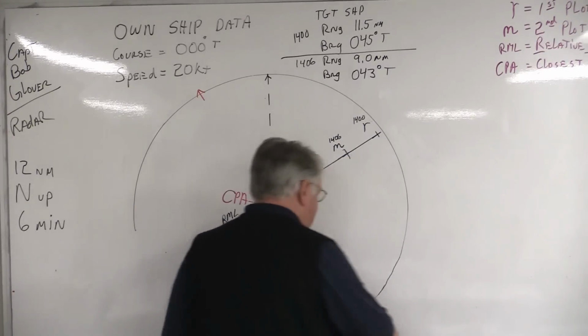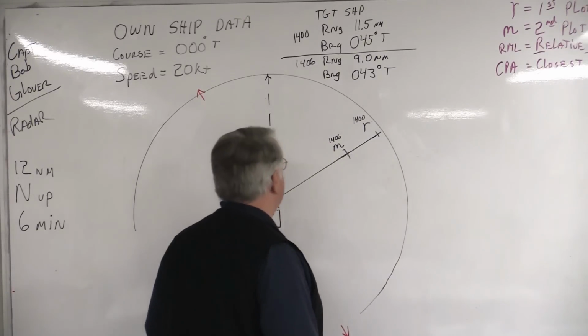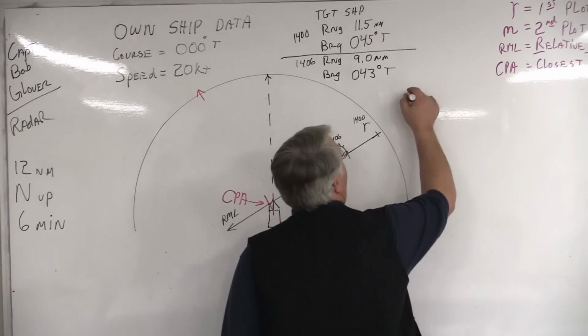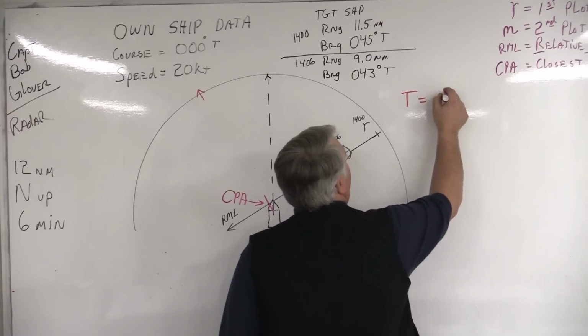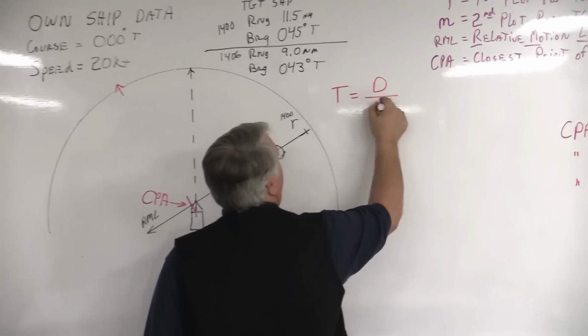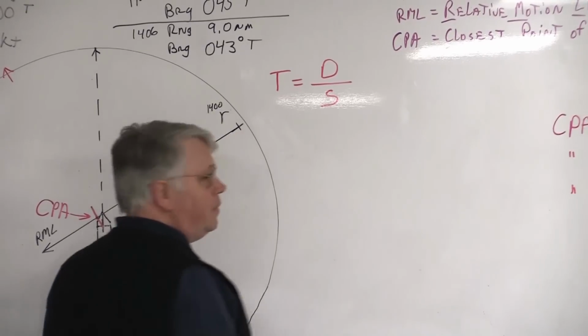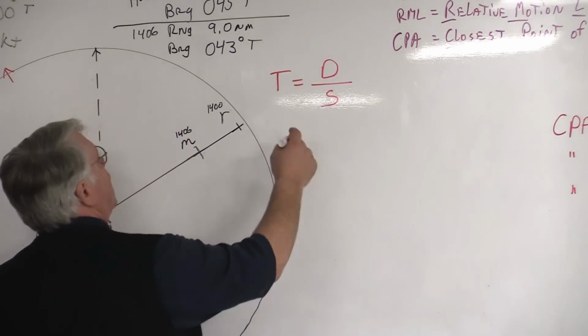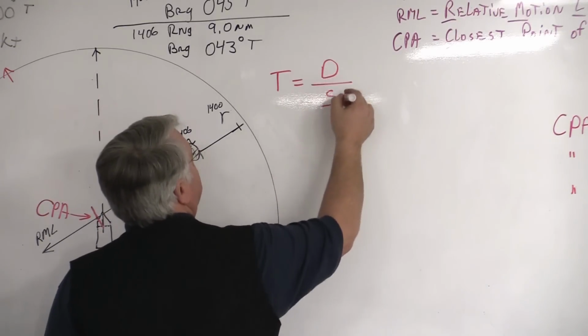In order to figure out the time of CPA, let's look back at our formula. Time is equal to distance divided by speed, isn't it? Okay? So we're looking for time, aren't we? Now we have to find distance and speed.